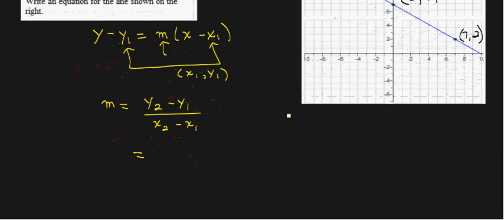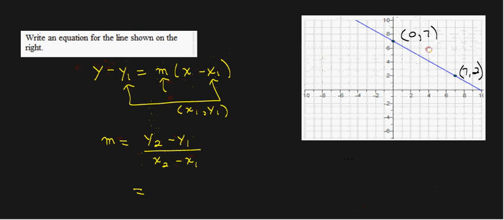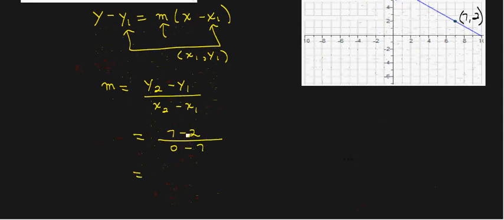And again, it doesn't matter which one we label as which, so we could do 7 minus 2 for our y2 minus y1, and then do 0 minus 7 for our x2 minus x1, and that would give us 7 minus 2, which is 5, over a negative 7. So that just means that the slope is a negative 5/7.